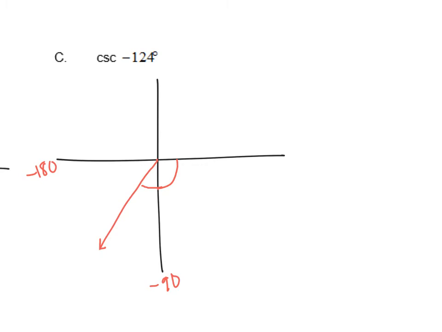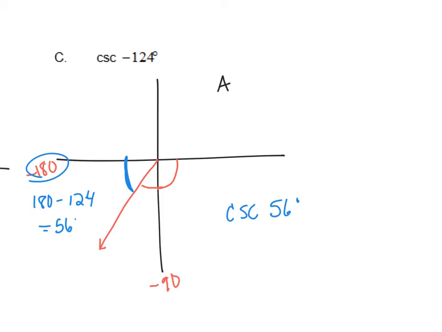All right, our reference angle, the one we need, because we need an acute angle, connects us to the x-axis. To find that, you take your x-axis angle, 180 minus 124, and that's going to give us 56 degrees. All right, so our answer is cosecant of 56 degrees, but the question is, should that be positive or negative?